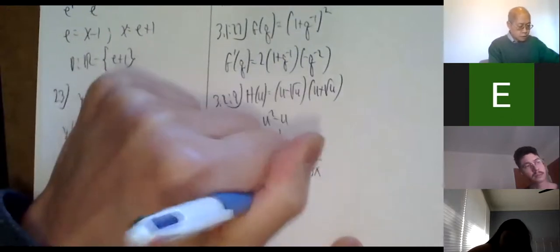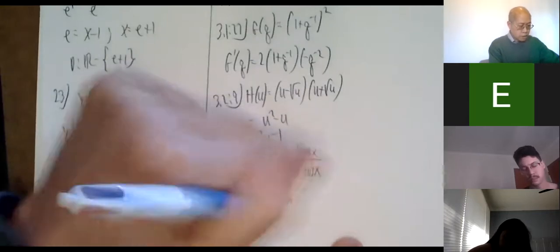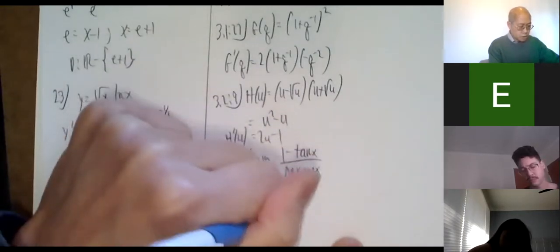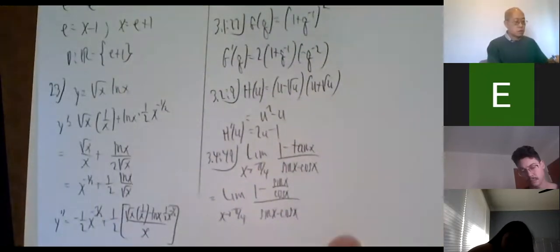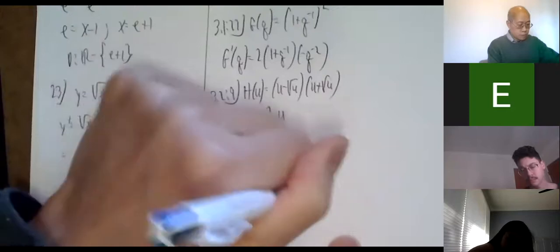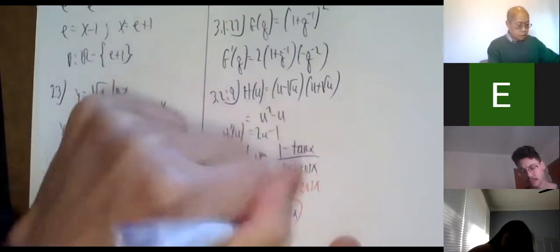1 minus sine x over cosine x, over sine x minus cosine x. Multiply top and bottom by cosine x.